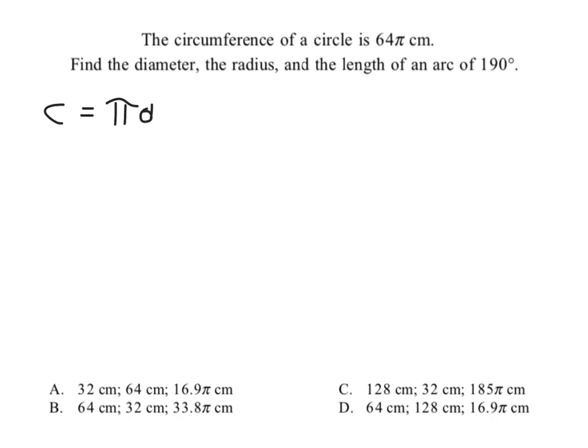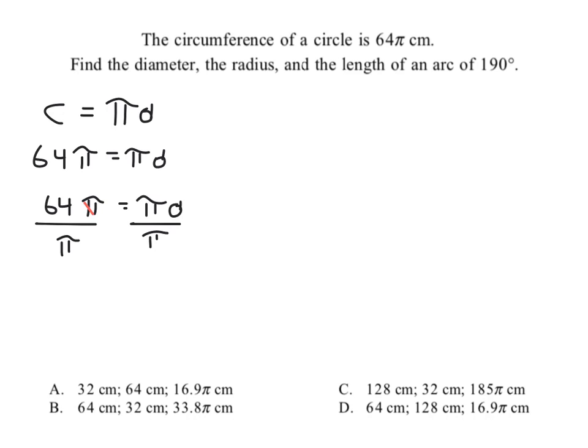times diameter. And since we know the circumference of 64 pi equals pi times diameter, we divide both sides by pi to get that pi simplified out of there.